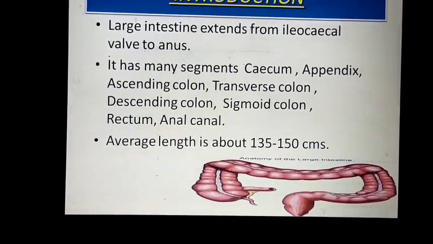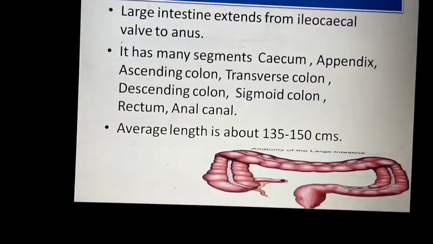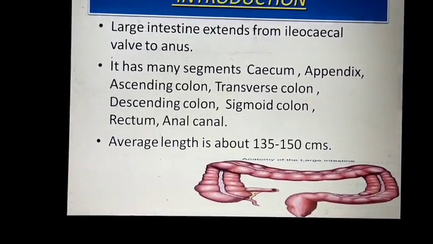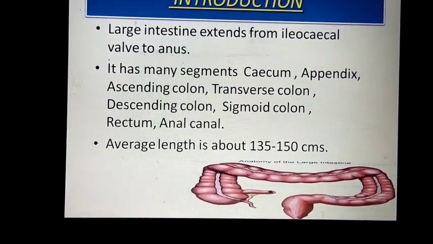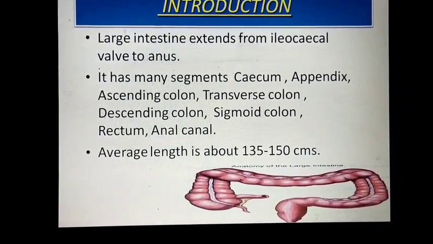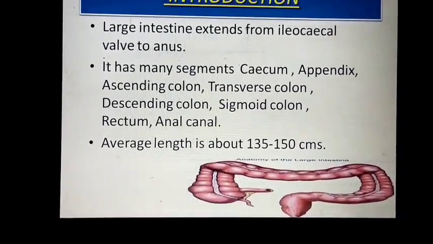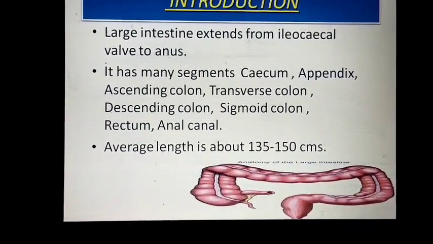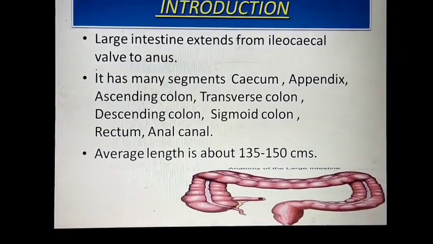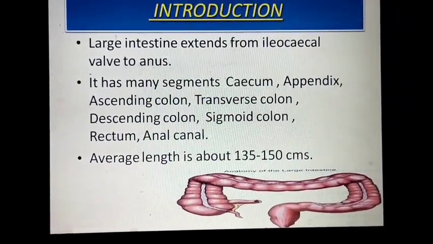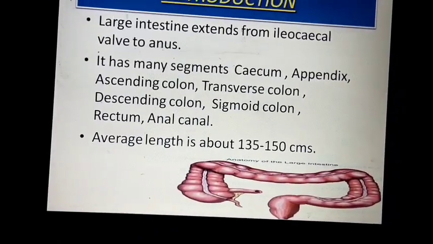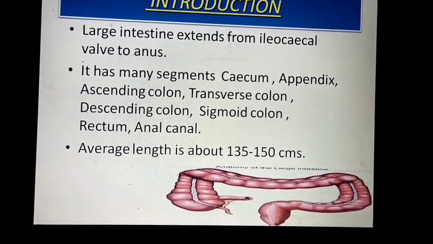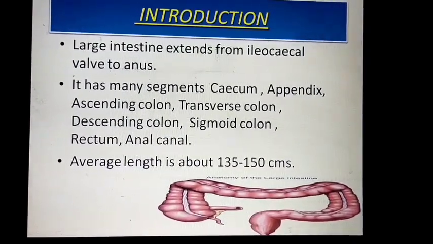From the upper lip of the ileocecal valve, the ascending colon starts, and the cecum is present below the lower lip of the ileocecal valve.